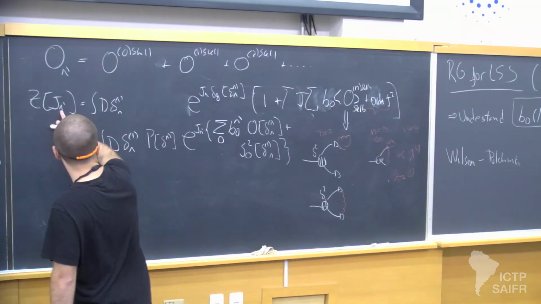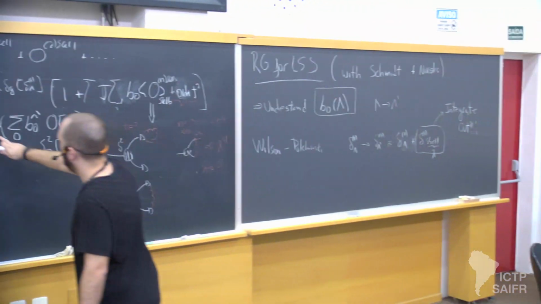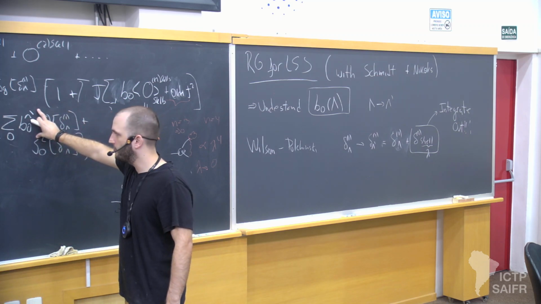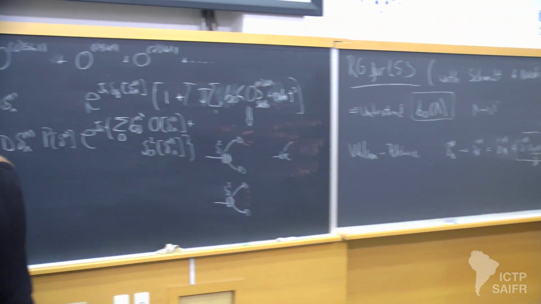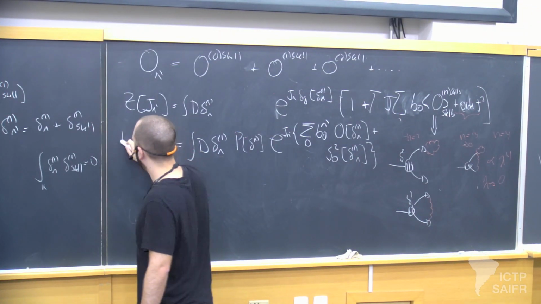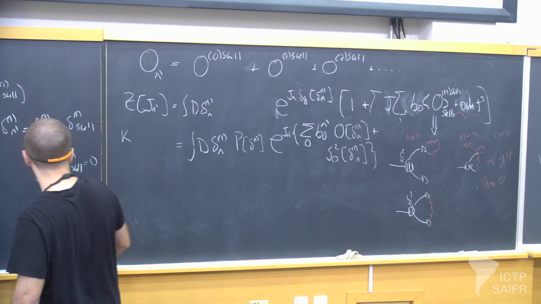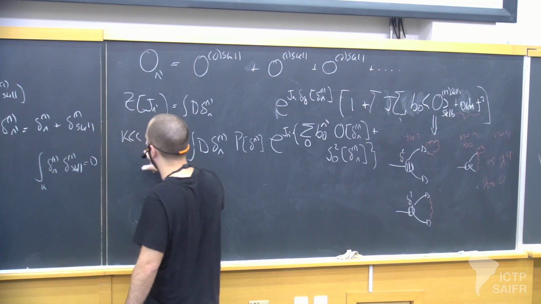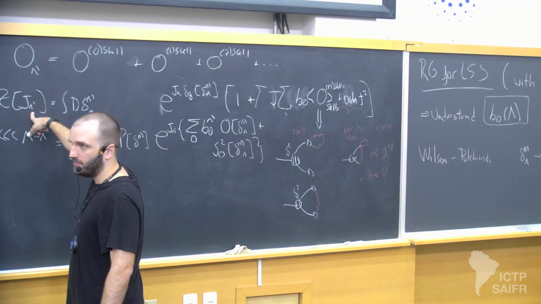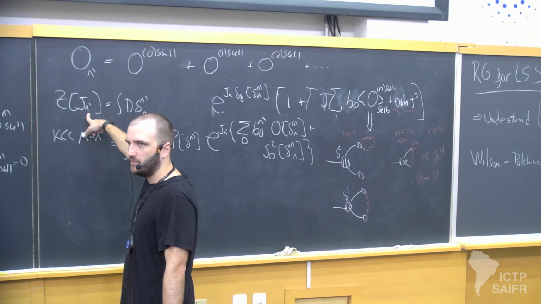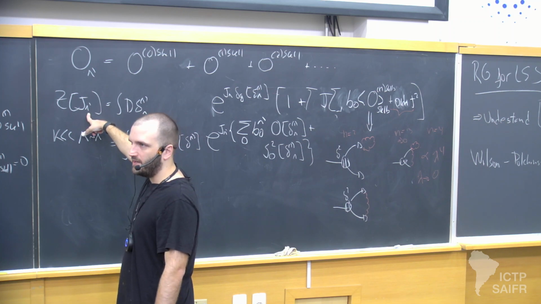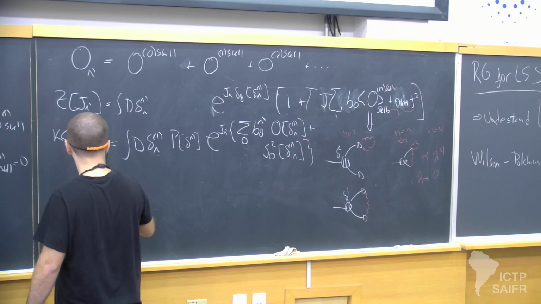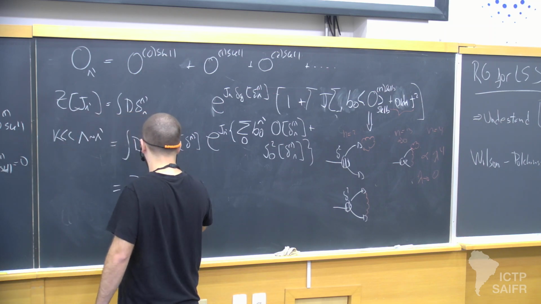So this means that if I take my j, you see that j here is the only thing that has a lambda prime, more than the bias parameters that also have a lambda prime. But if I take the support of j to be in lambda, if I'm focused on correlation functions that are evaluated for k way smaller than lambda, which is of course same order as lambda prime, I don't care if my current is at lambda prime or if my current is in lambda. This should give me exactly the same result because k is way smaller than lambda and lambda prime. So this has to be equal to z of j of lambda.